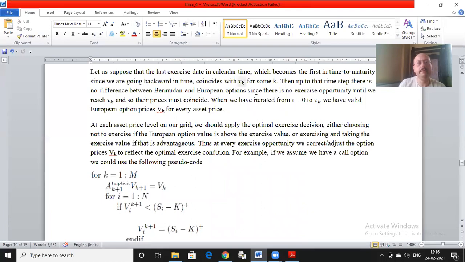So suppose on the grid, the kth time step is the last exercise date, which is the first on the tau line. Then, up to that time step, there is no difference between a Bermudan and a European option. Right? Because after the last exercise possibility and till maturity, there are no further opportunities. So it behaves like a European option.